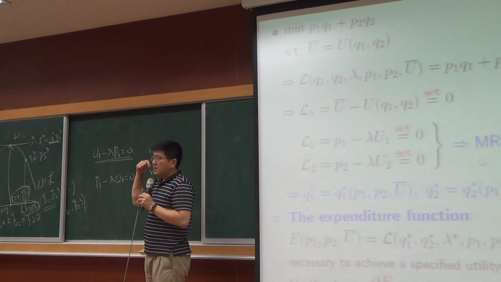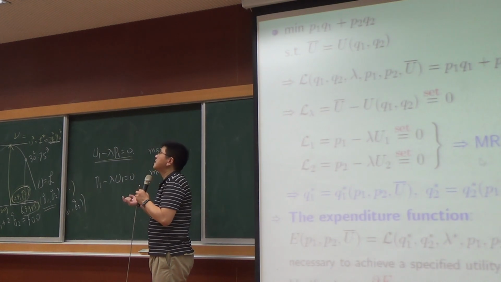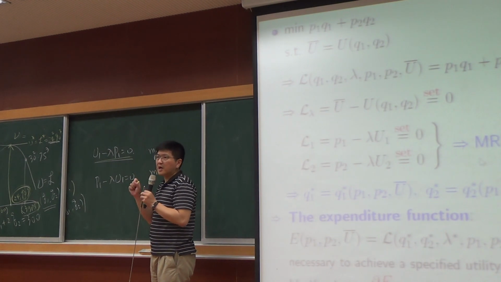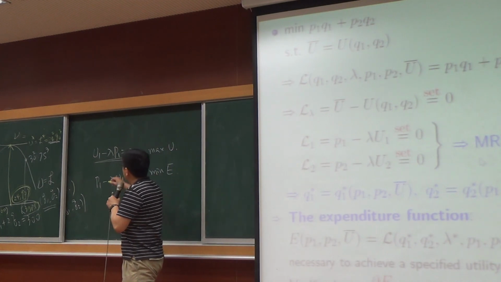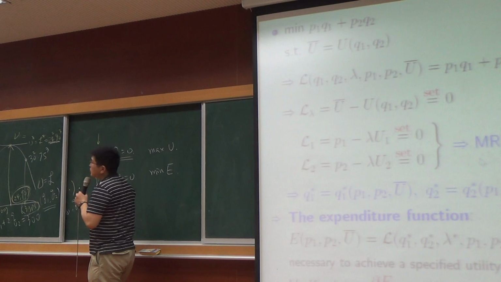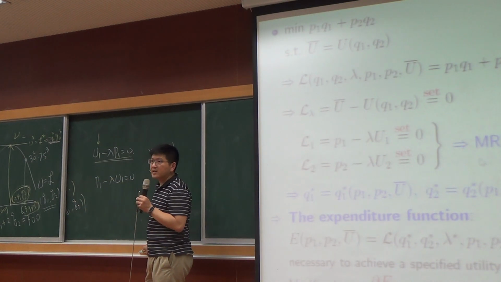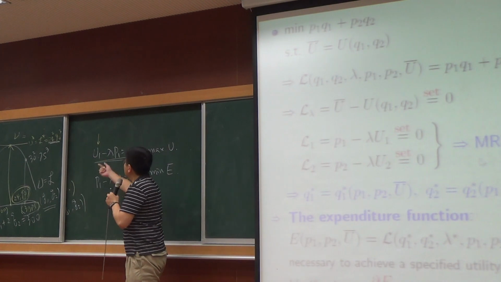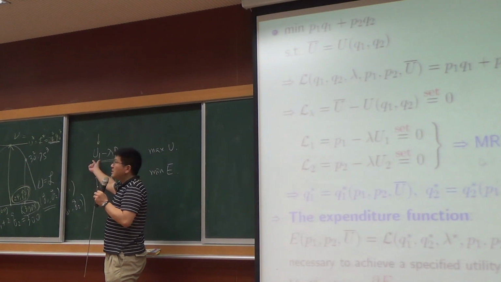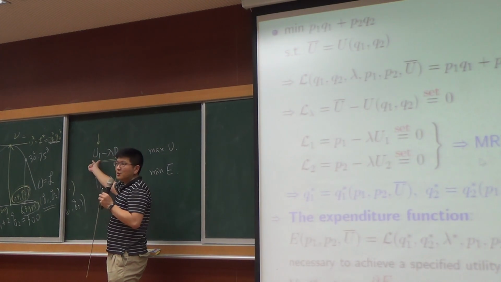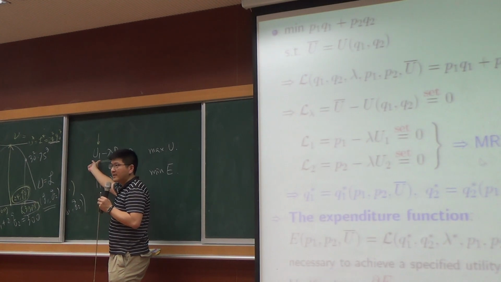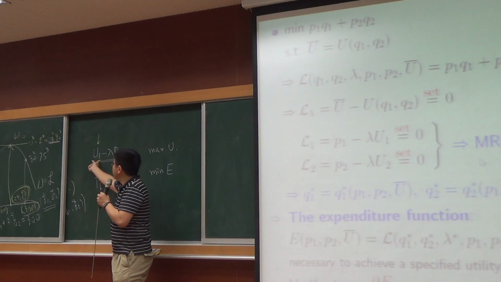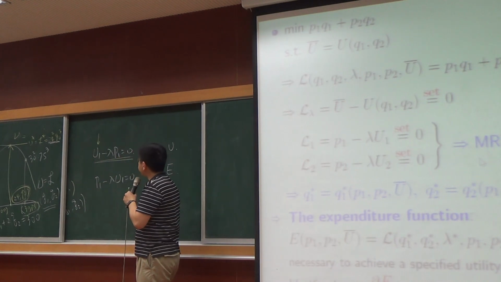We say, if we increase the consumption of good 1 by 1 unit, we may have the marginal benefit of U1, because 1 more Q1 gives us U1 more units of utility. So this would be the marginal utility of Q1, the marginal benefit.